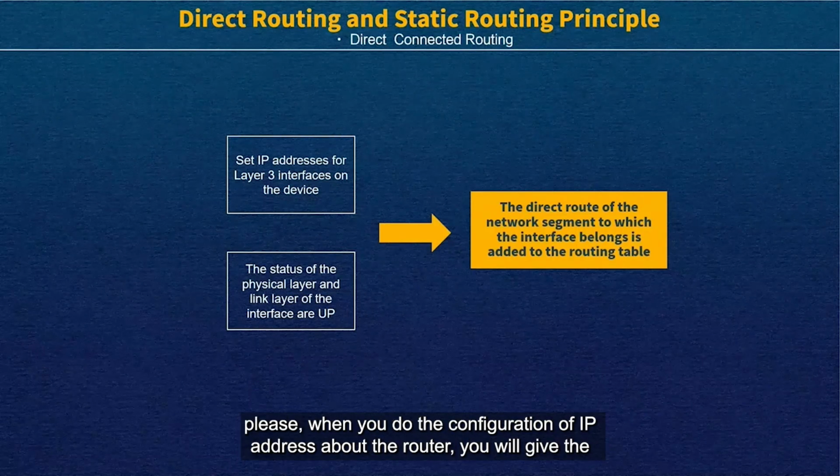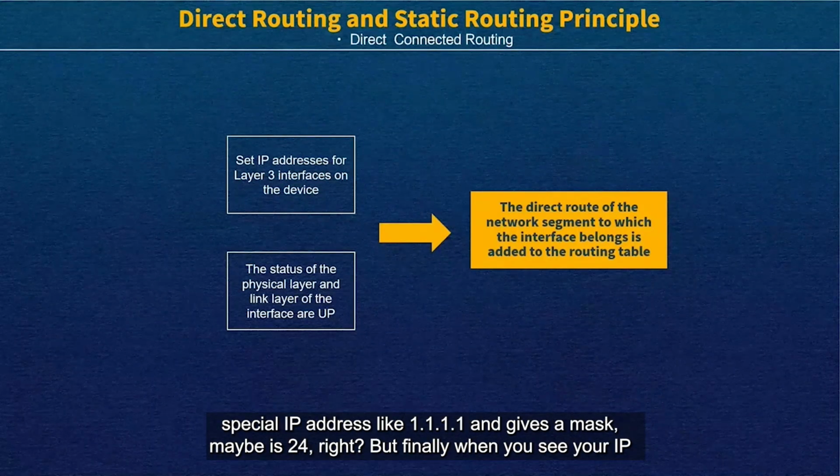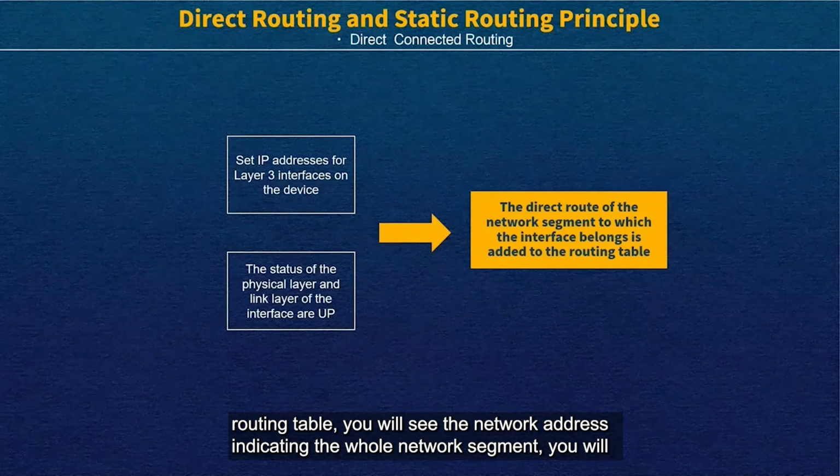And pay attention please: when you configure the IP address on the router, you will give a specific IP address like 1.1.1.1 and give the mask, maybe 24, right? But finally, when you look at your IP routing table, you will see the network address indicating the whole network segment.